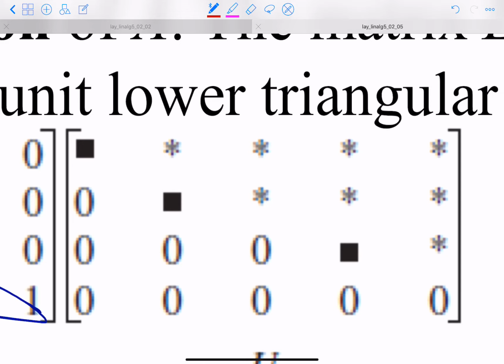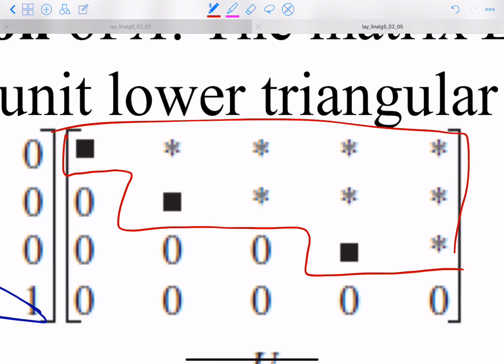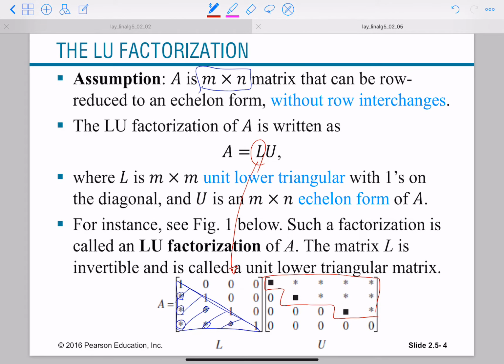And this other one, although it is not exactly an upper triangular matrix, looks like our echelon form, and it is indeed the echelon form of the input matrix A. We can view it as a kind of upper triangular matrix because mostly the non-zero elements are in the upper triangular part.